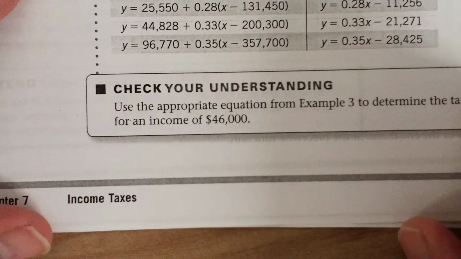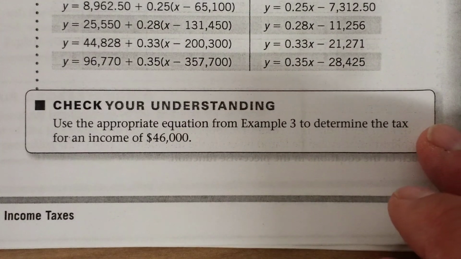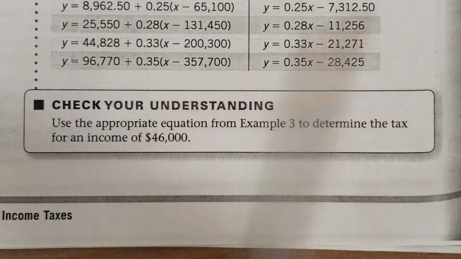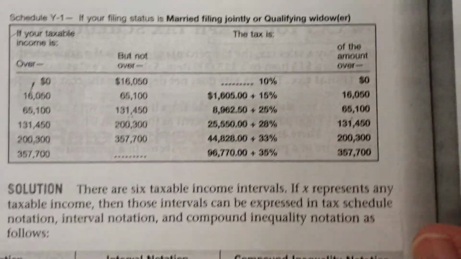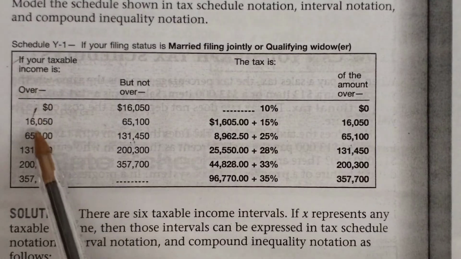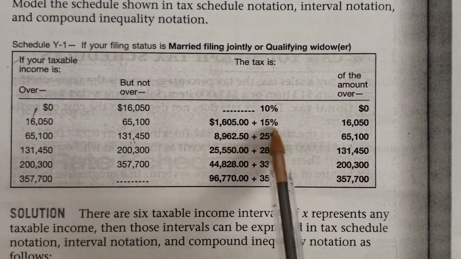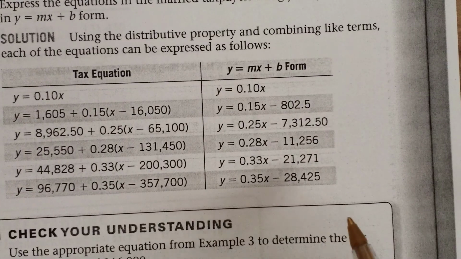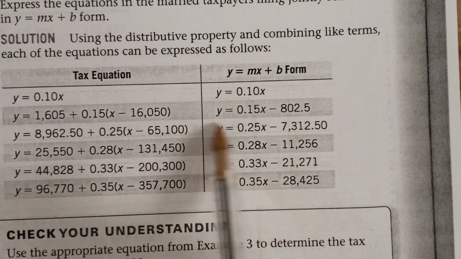It says use the appropriate equation from example 3 to determine the tax for an income of $46,000. So $46,000. Your income would be in this level right here, the second one, which would be this one here.